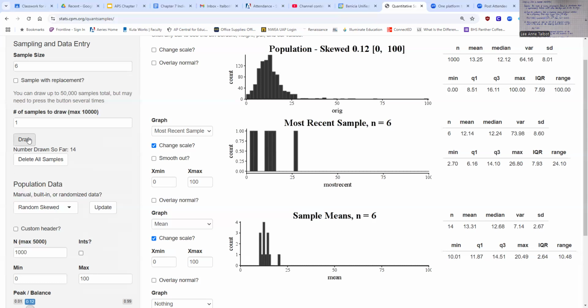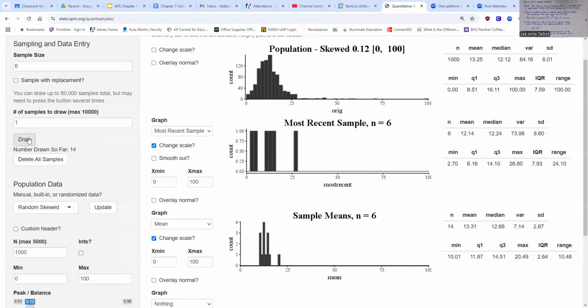Can you guys tell that the sampling distribution is going to be quite a lot less spread out? It's tighter together because there's averages. So look at the top, look at the bottom, it's tighter together, right? Less variable. Okay, but can you tell that it's still kind of skewed?